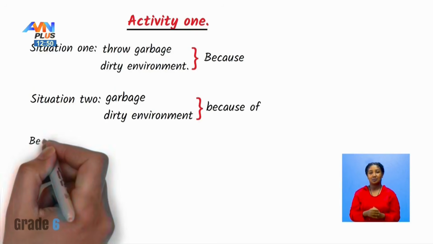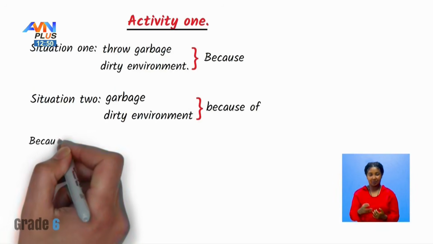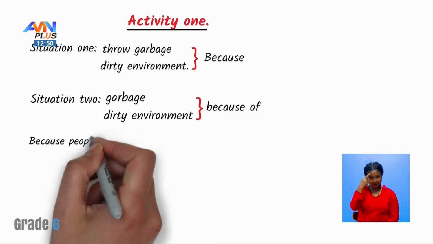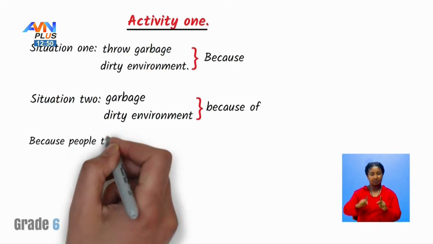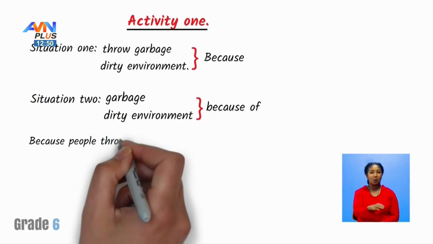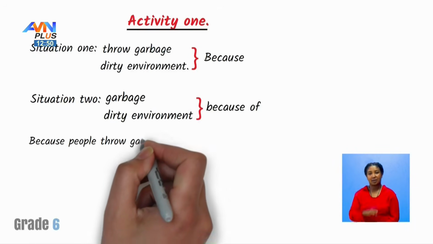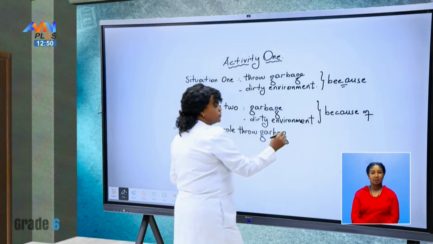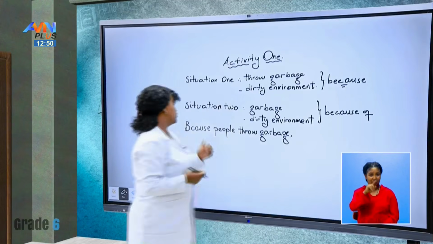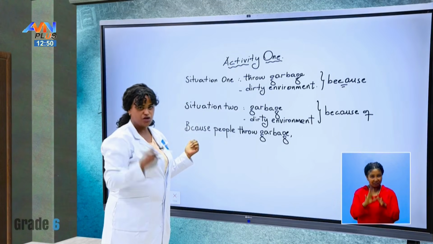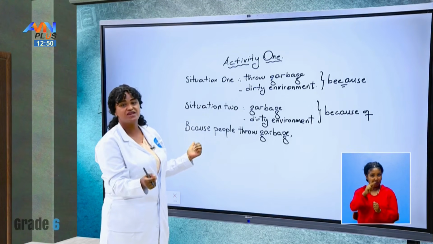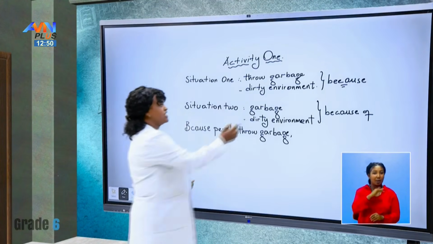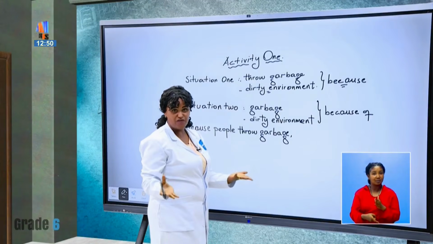Because people throw garbage, comma. When you start with the conjunction, don't forget to put a comma before you pass to the effect, all right? Because people throw garbage, what is the effect? The effect is what? Dirty environment, yes?